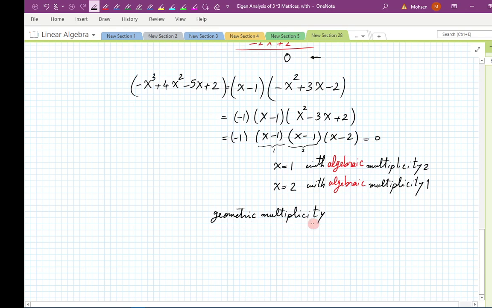It is at most whatever you have here as algebraic multiplicity, and at least it is 1. So for example, if algebraic is 1, geometric is also forced to be 1 because it has to be between 1 and 1. But if the algebraic multiplicity is 2, geometric could be 1, could be 2.